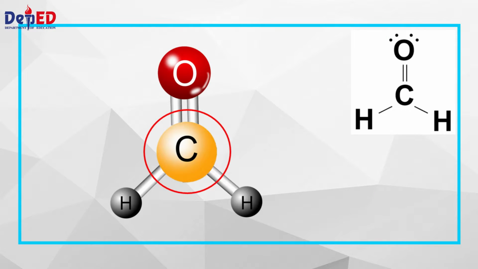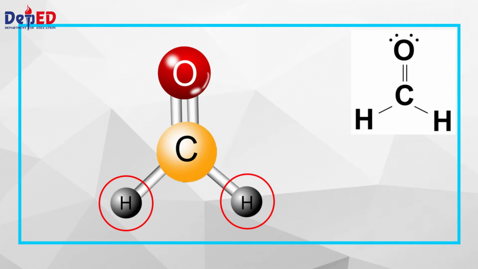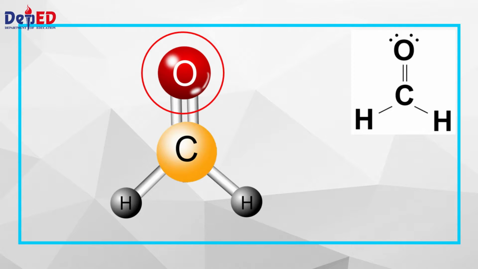The central atom carbon bonded with the two hydrogen atoms and an oxygen atom. However, notice that on this side, there are still two lone pairs. We can say that on this side is where electrons are more concentrated. Thus, this side is partially negative and this side is partially positive.